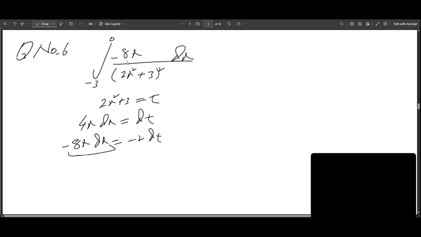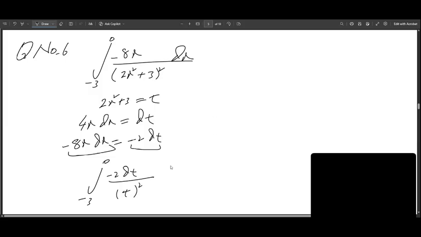So you can see here, whatever we have in the numerator can be replaced with negative 2 dt, with limits negative 3 to 0. So we are replacing negative 8x dx with negative 2 dt, and 2x squared plus 3 can be replaced with t, raised to the power 2.